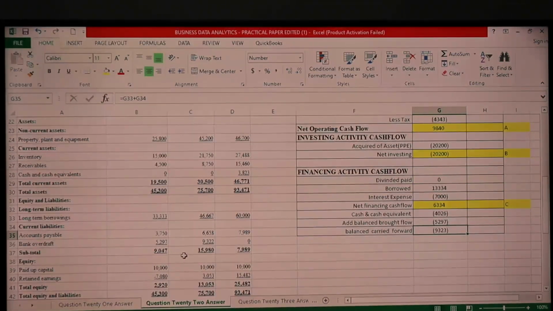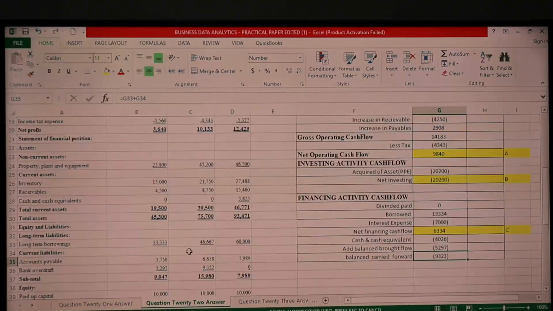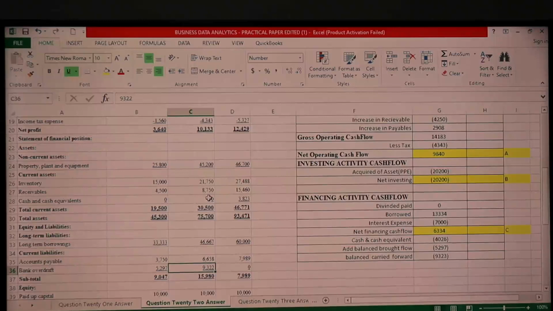So we've got that amount, and so you get the amount under the bank overdraft, you get this amount here, that it was still 0 here. So the amount is down here. Notice that it is just missing by one value.